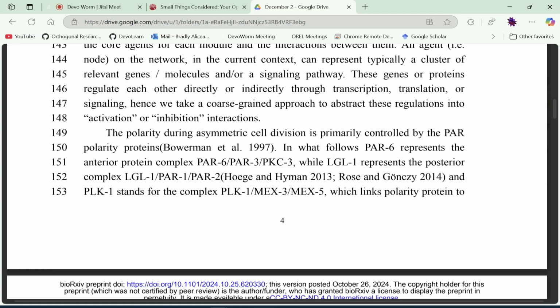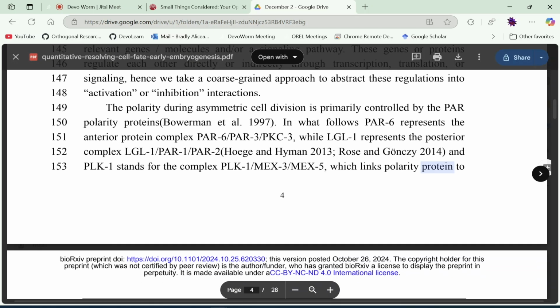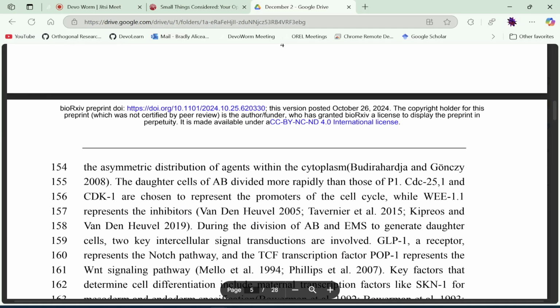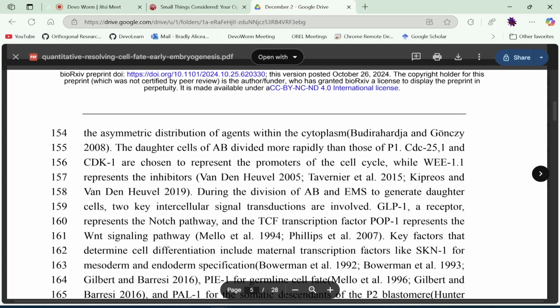Okay, and then PLK1 stands for the complex PLK1, MEX3, and MEX5, which links polarity protein to the asymmetric distribution of agents within the cytoplasm. So this is where we have the polarity genes, polarity proteins, and then the asymmetric distribution of different nodes within the cytoplasm. Then the daughter cells of AB divided more rapidly than those of P1.